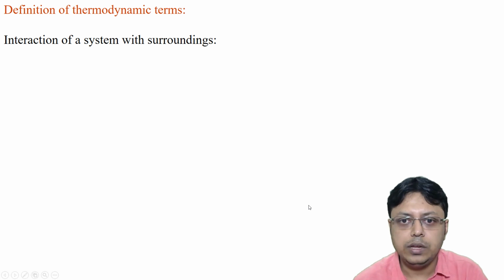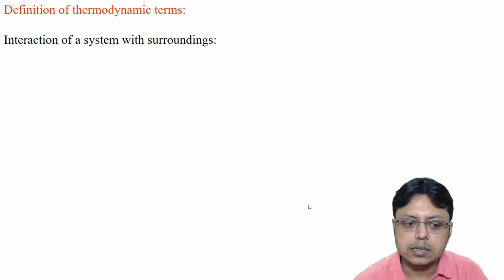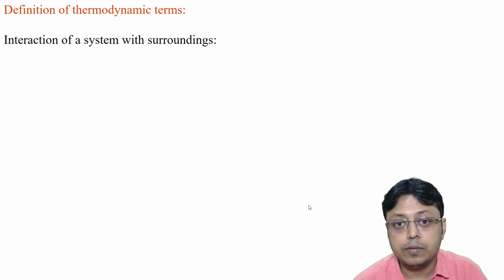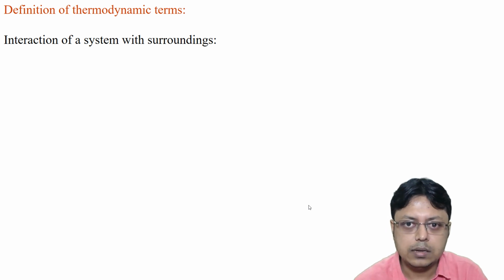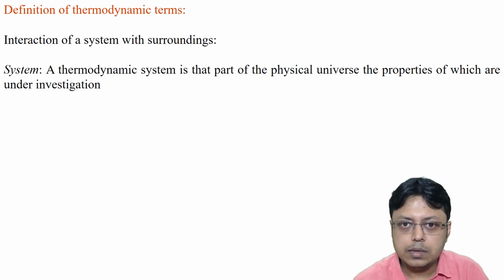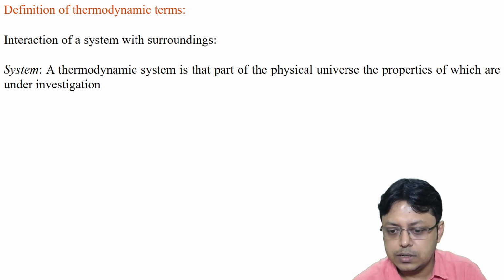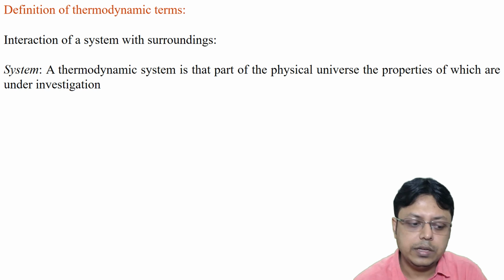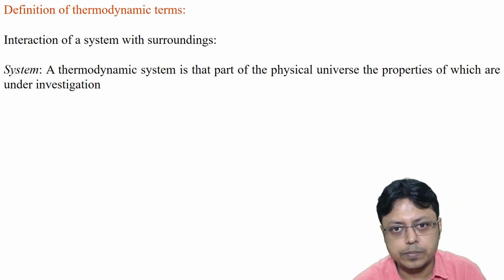And as we told in the very beginning, thermodynamics tells us about the interaction of a macroscopic system with its surrounding. Now, what do we mean by a system and surrounding? Now, a system is defined as part of that physical universe, the properties of which we are investigating.